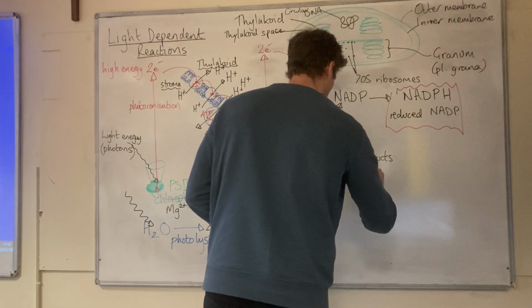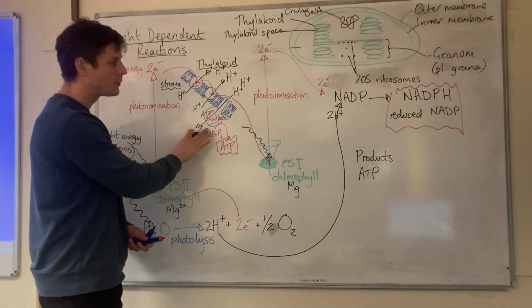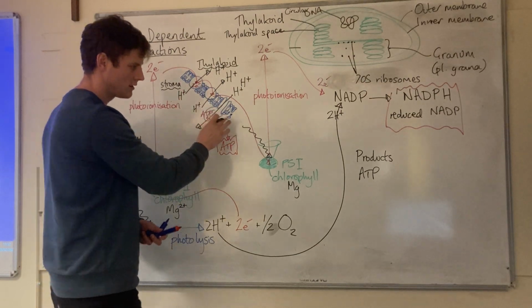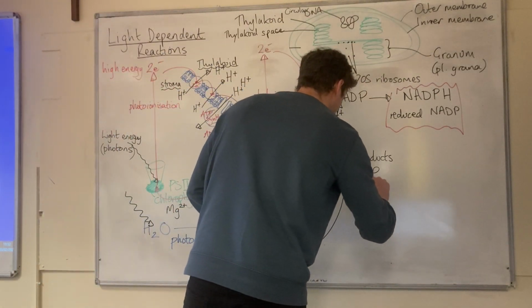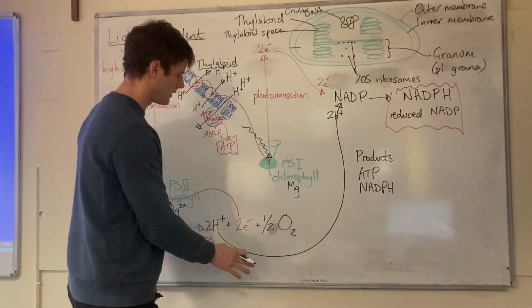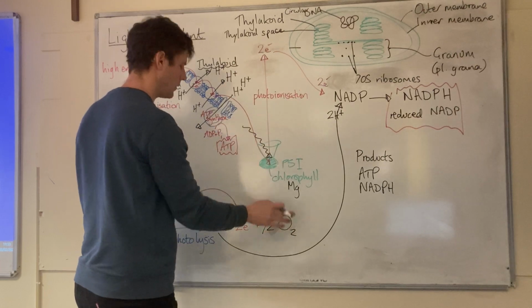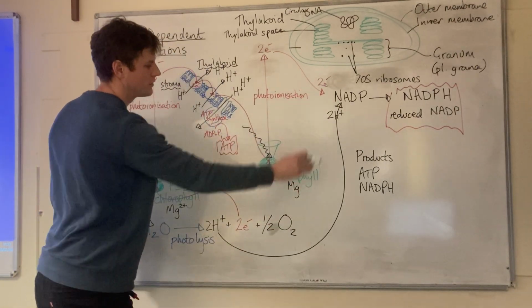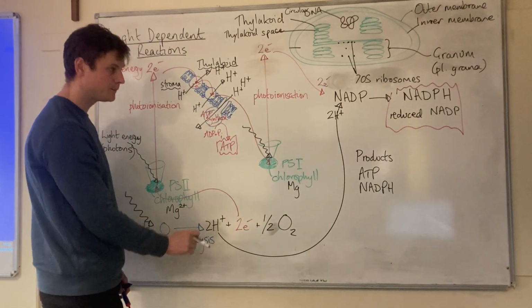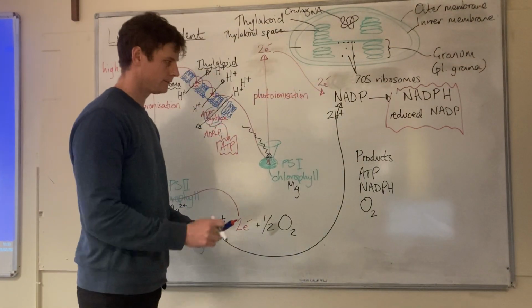We have ATP from the electron transport chain and chemiosmosis, reduced NADP from the reduction of that NADP, electrons from photosystem 1, protons from photolysis of water, and oxygen.